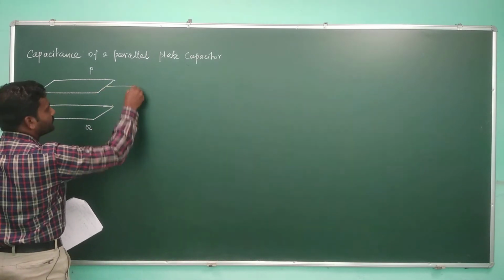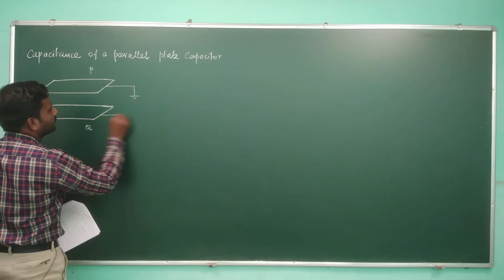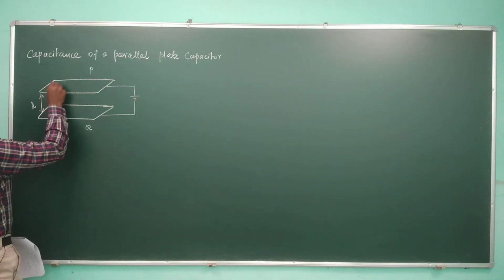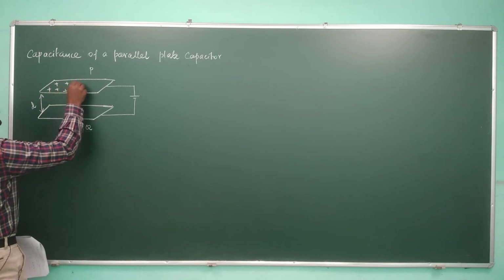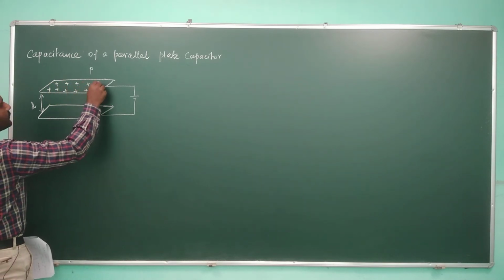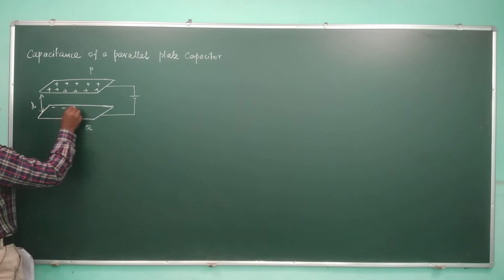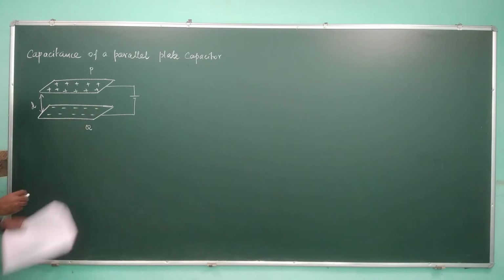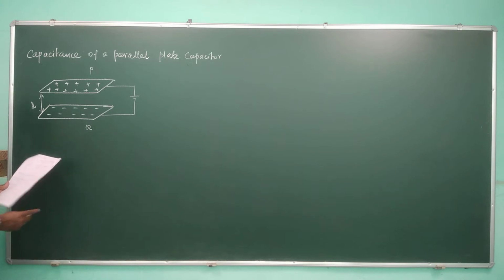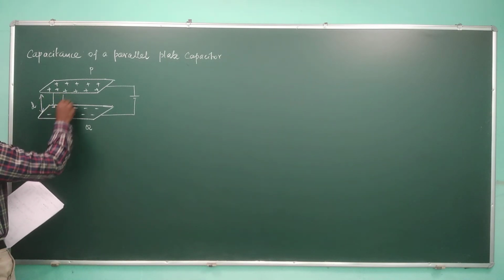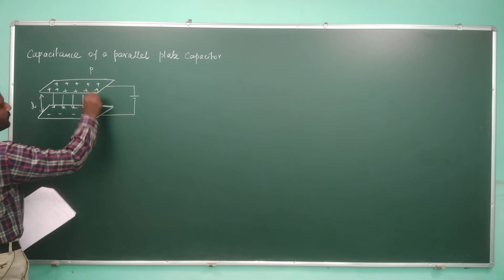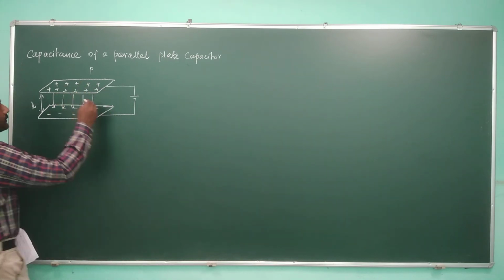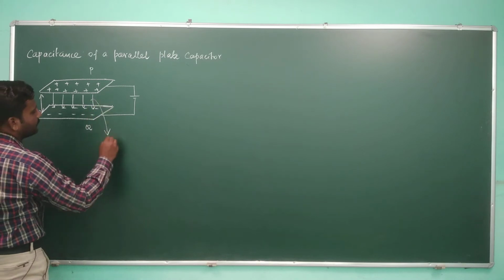These two plates are connected in such a way that the upper plate P is positively charged, the lower plate Q is negatively charged, and there is a potential difference between these two plates. Assume that this medium is air.